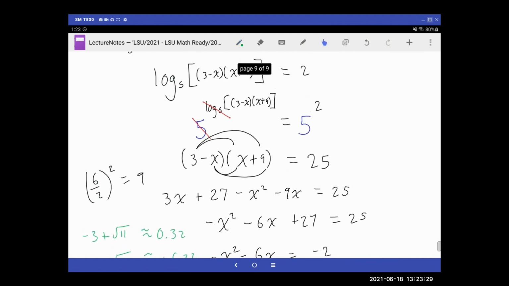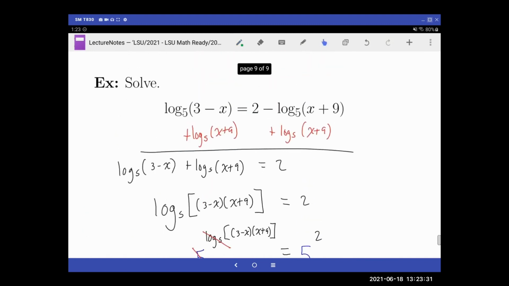So we want to compare those with being plugged into the original equation. If I plug in 0.32 right here, 3 minus 0.32 will not be negative. It'll be a positive number, so we're good there. And of course, if I plugged in 0.32 here, 0.32 plus 9 will still be positive. 0.32 is good.